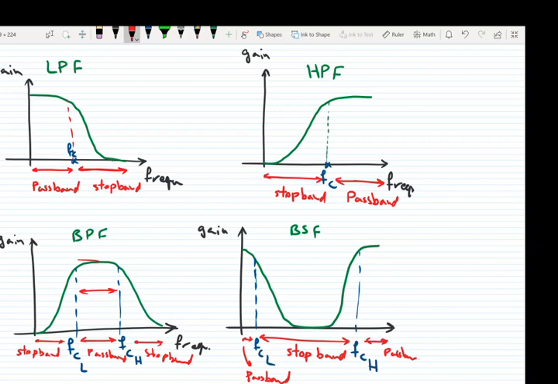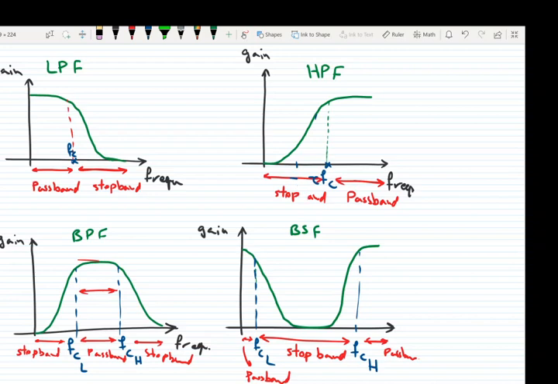Okay, let's move on and talk about the cutoff frequency. So I say the cutoff frequency is this frequency. I'm talking about this figure. So the cutoff frequency should be here, or here, or here. Where is the exact location of the cutoff frequency?